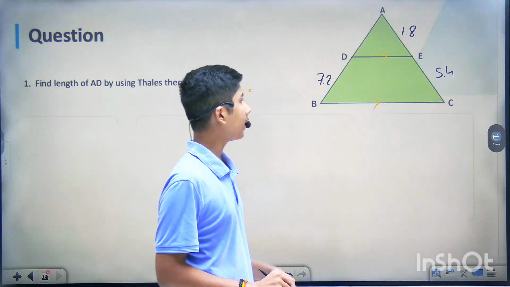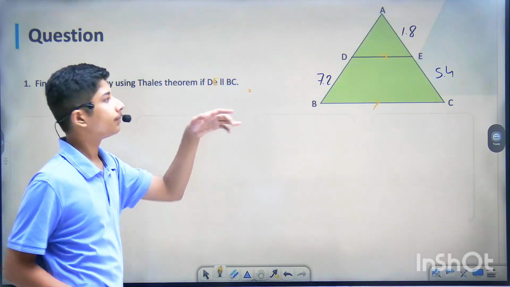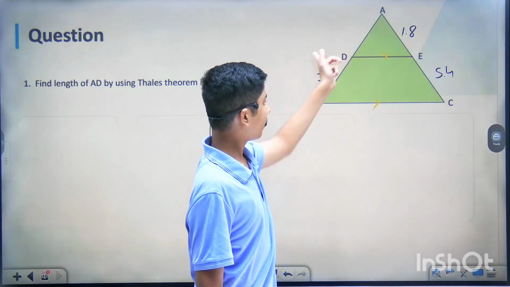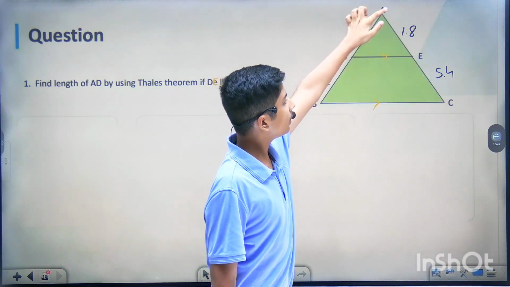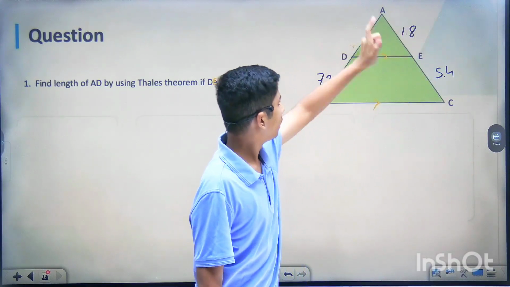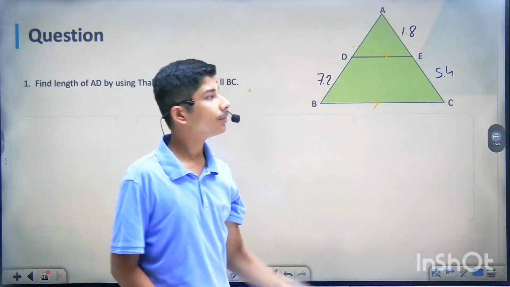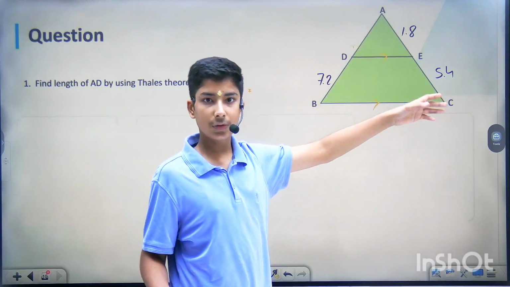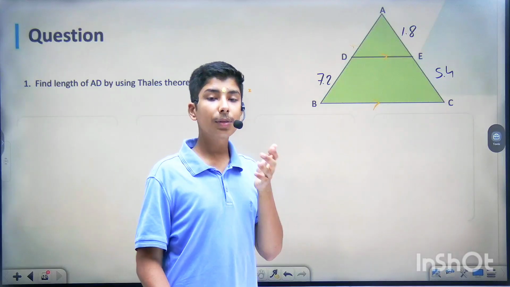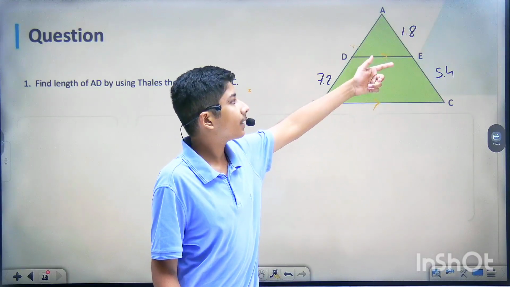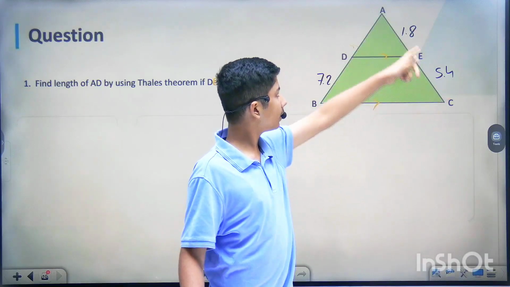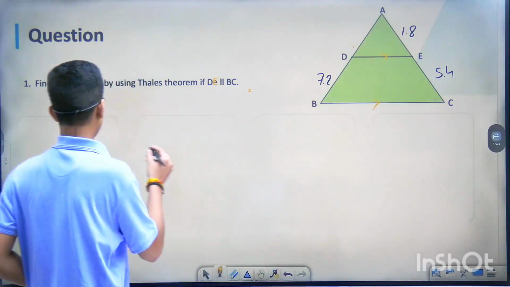We have to find out the length. Now see, you can do this upon this equal to this upon this, or you can do this upon whole equal to this upon whole, but the lengths of these parts are given, so why would we use a longer method, firstly adding them then dividing them? Instead just divide this upon this and this upon this.